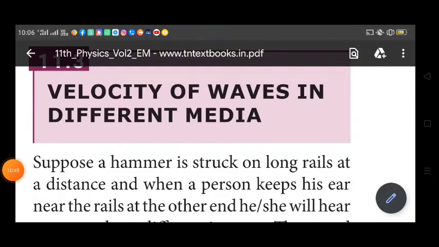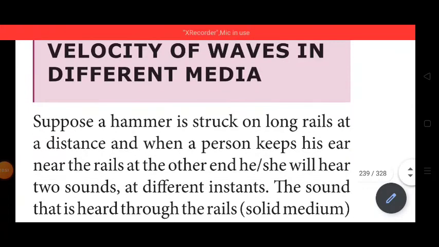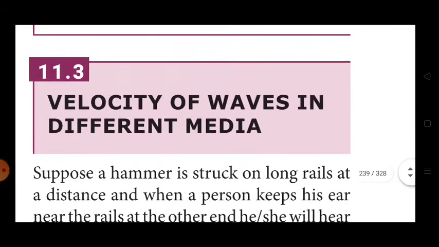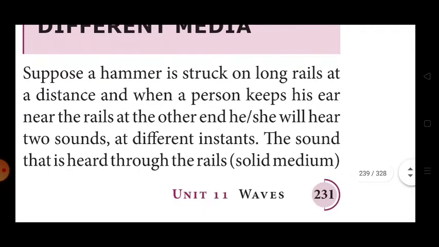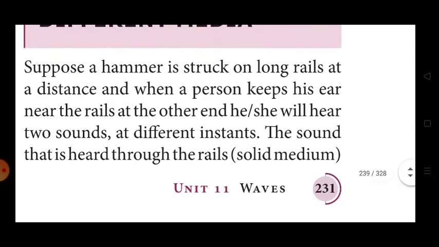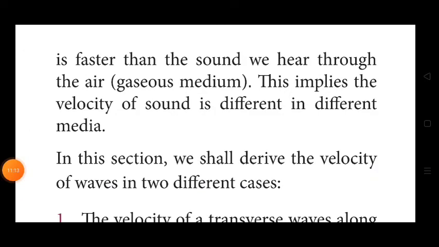Velocity of waves in different media. Suppose a hammer is struck on a long rail at a distance, and when a person keeps his ear near the rail at the other end, he or she will hear two sounds at different instants. The sound that is heard through the rails, that means solid medium, is faster than the sound we hear through air.